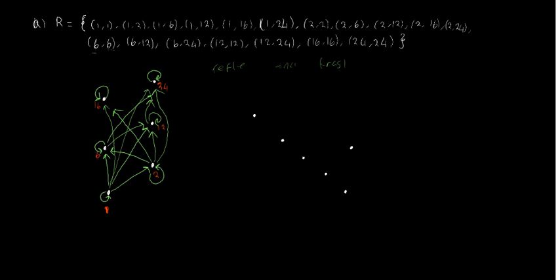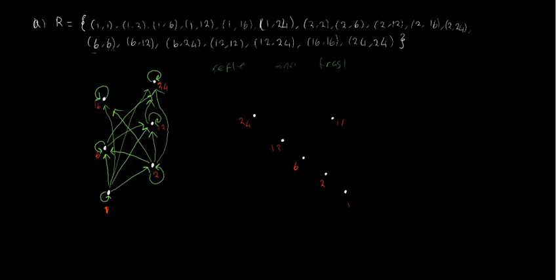Then 1, 2, 6, 12, 24, and then this over here is what? Let me move it here. There are certain rules that I'm forgetting, but yeah.